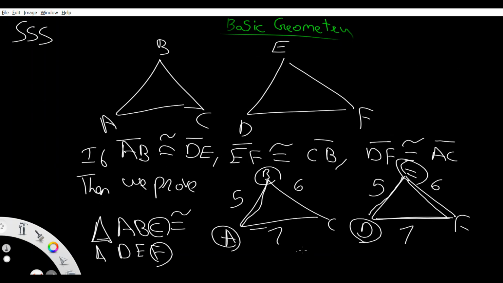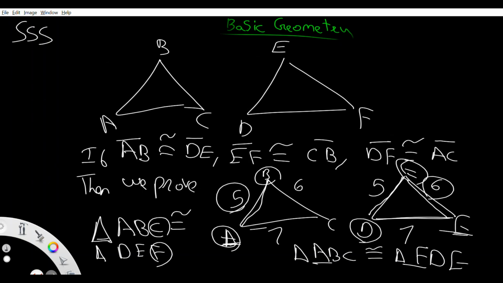You cannot say that triangle ABC is congruent to triangle FDE because they are not the same corresponding sides. A is not the same as F because this is 5 and this is 6. You see where I'm going with this? Side, side, side, which means three sides. If two triangles have three sides of the same values, that means that they are congruent.